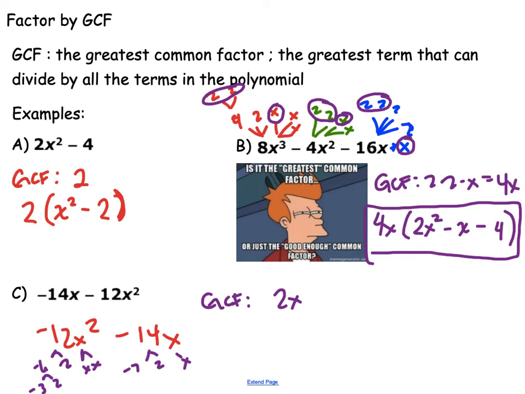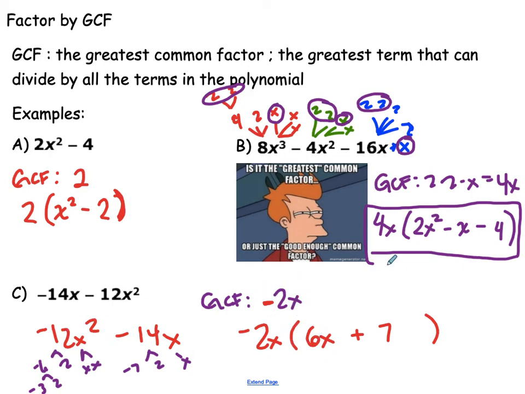So to fix that problem, you have to factor out a -2x. All right, and then watch what happens. Inside, it's going to be a +6x, and then it's also going to be a +7 when you figure out the terms inside.